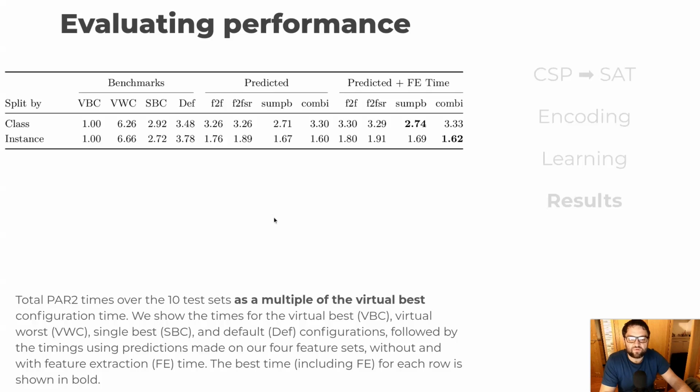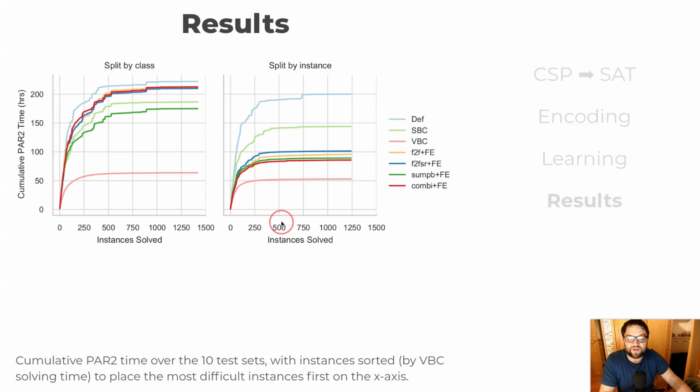The same results are shown graphically on this next slide. When we split by instance, this is the virtual best at the bottom here, this is the Savile Row default, and this is the single best in light green. We can see that all the feature sets enable us to beat the single best when we were doing it by instance.